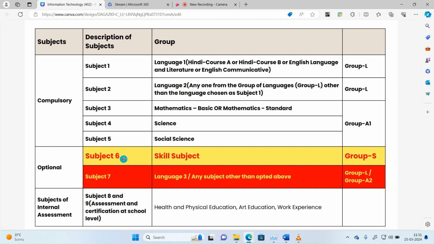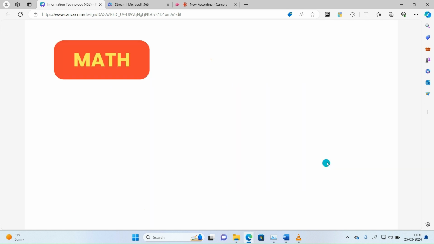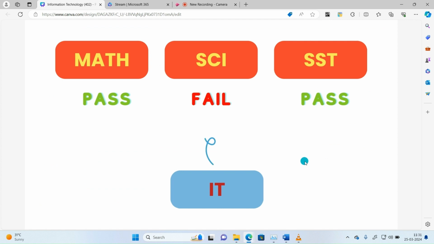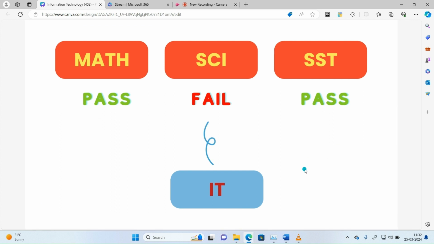So in our school, as you can see, we have not opted for subject 7. Next, you can see over here how IT is a benefit. Let me tell you why IT has been opted in our school. We have opted for a skill subject because it gives you one very important benefit.